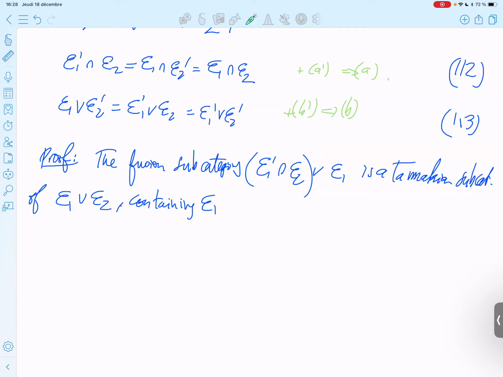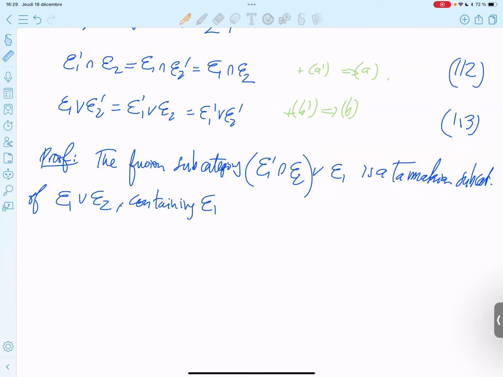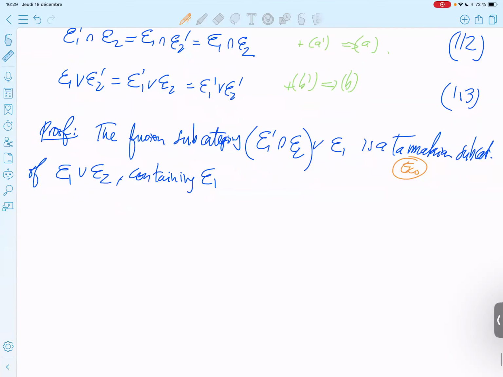Centralized. So we are just taking the elements of E2 which centralize E1. So what you get is symmetric, and because it only involves E1 and E2, it's also positive, so it's Tannakian. You can see that as an exercise. So it's a Tannakian subcategory contained in that.